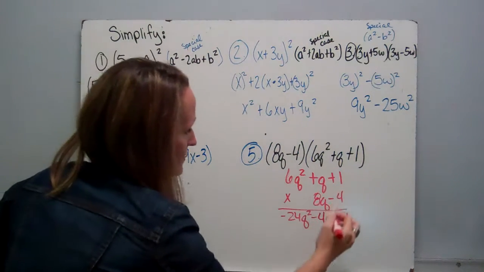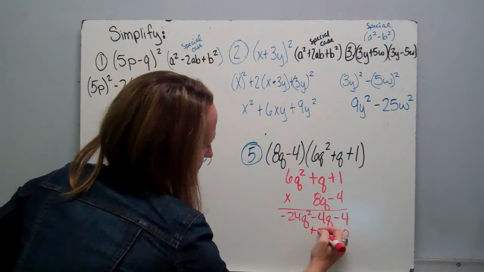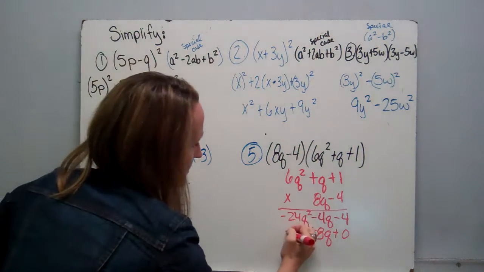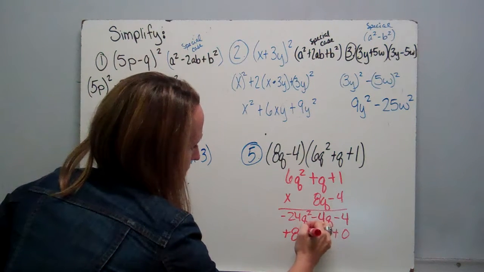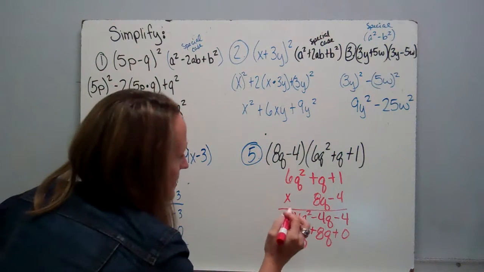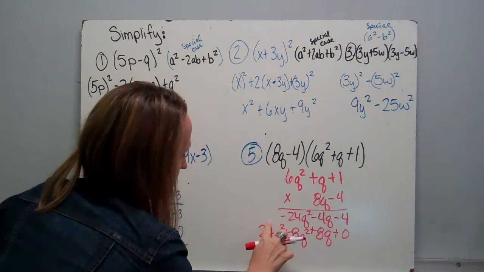Now, 8q times 1 is going to give me plus 8q. 8q times q gives me a plus 8q squared. And then 8q times 6q squared gives me a 24q cubed.